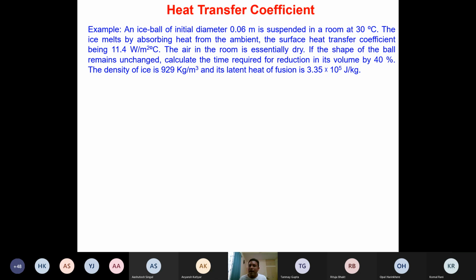And that multiplied by the latent heat will give you the heat absorbed by the ice ball. And this should be equal to the heat transferred from the ambient to the ice ball, and that can be obtained by Newton's law of cooling, isn't it? So remember, the rate of change of the ice ball you will get in terms of a differential, isn't it? So then you can integrate and find out the time. Okay, so please try to solve it. Of course, I will give you the answers.